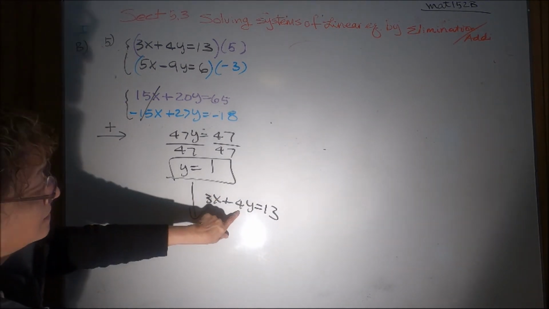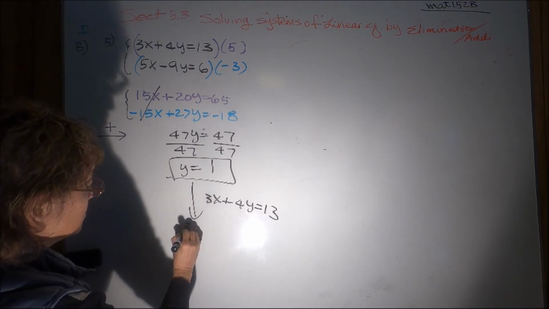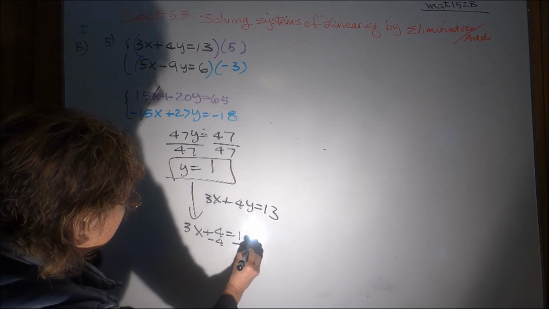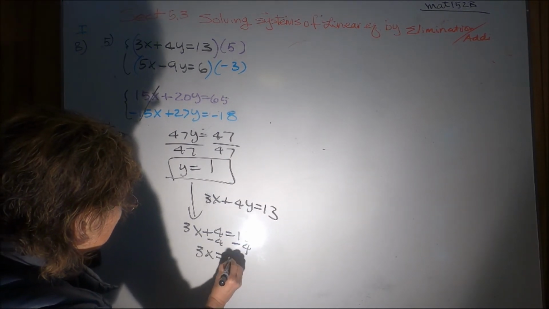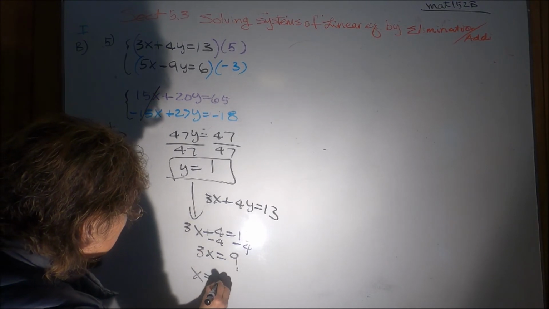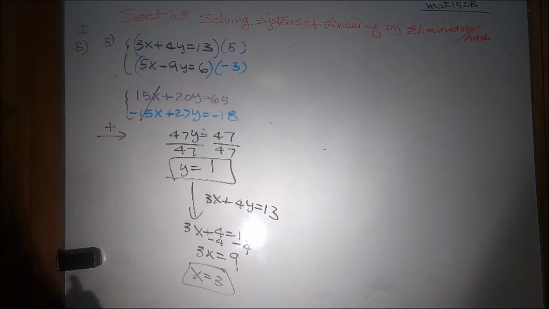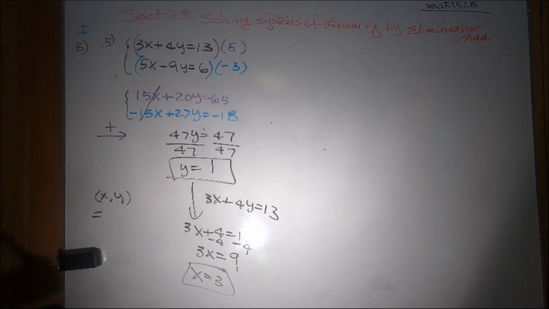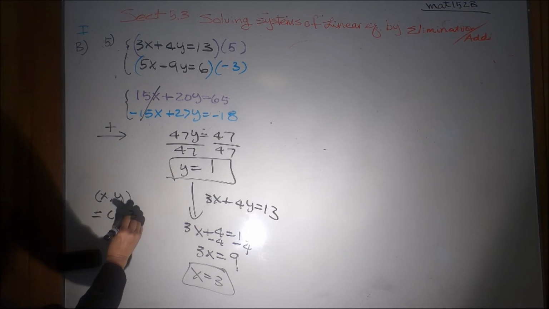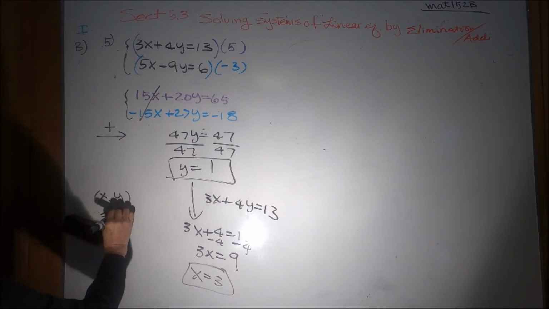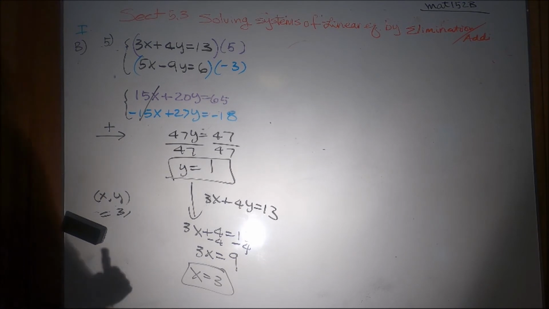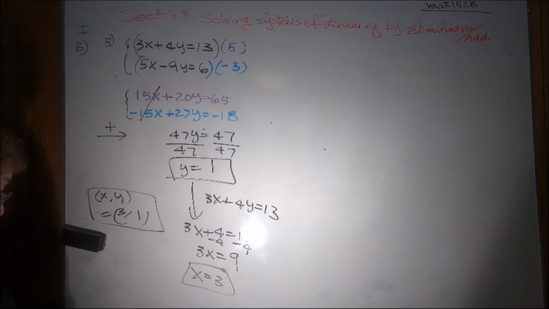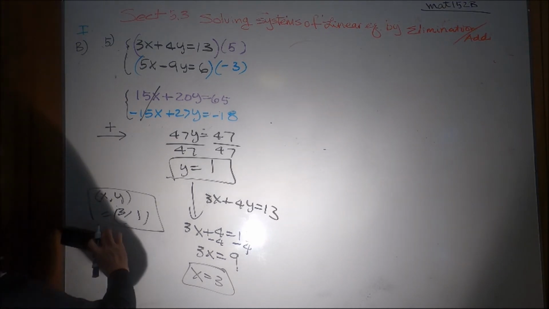So y is 1, that's 4. So that would be 3x plus 4 equals 13, minus 4. 3x is what? 9. X is 3, right? So your answer is an ordered pair, x and y. Oops, that would be what? 3 and 1. That would be your answer, right?